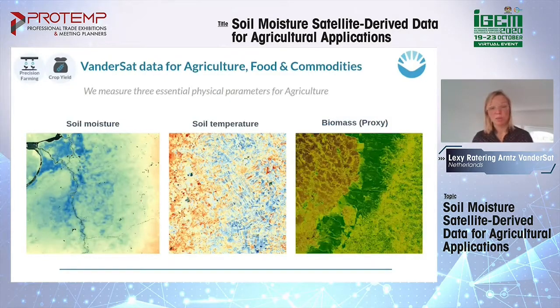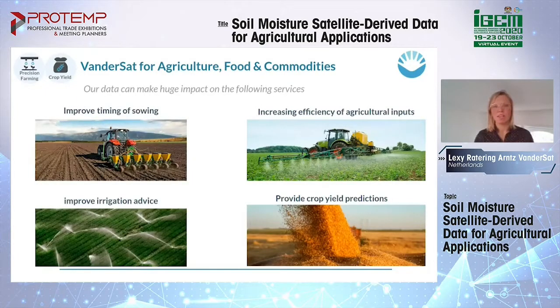So these are the building blocks that we use for our agriculture, food, and commodity clients. We have soil moisture information, which I've already explained. Besides soil moisture, we also have soil temperature that we observe daily. And we're working on developing a proxy to measure biomass, which is also a very interesting product. With these products, we can advise companies.